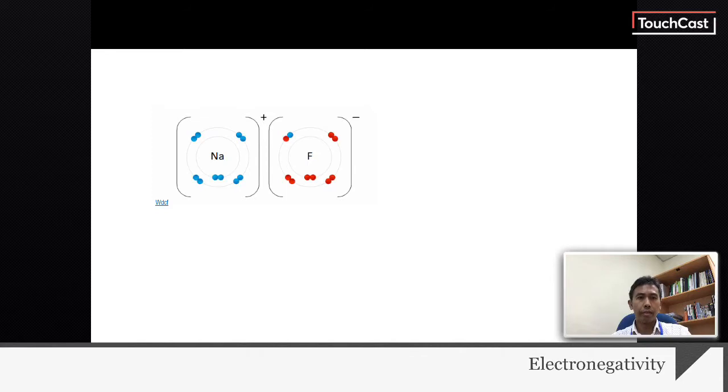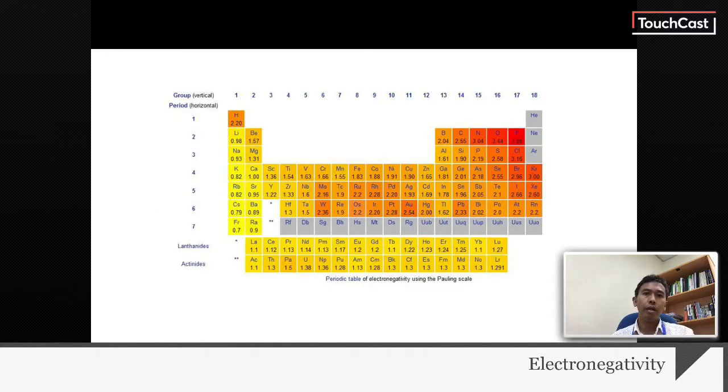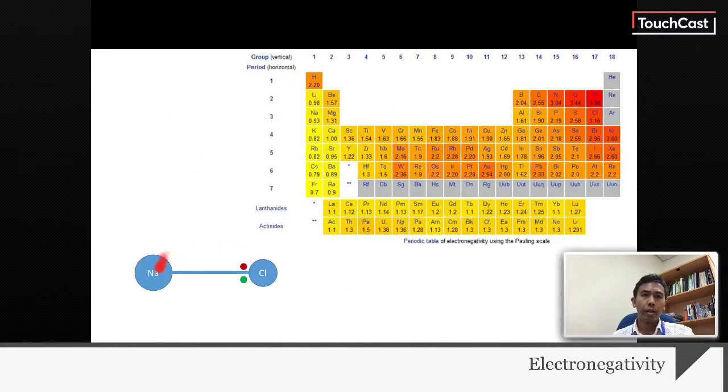What happens if a bond forms between sodium and chlorine? In this case, chlorine will attract the electron more because chlorine is more electronegative than sodium.